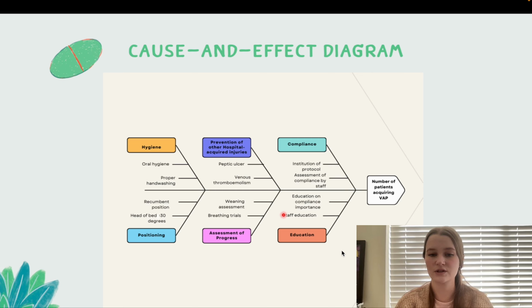And then education on compliance importance and staff education is very important, because knowing you should do something and knowing how to do something are very different. And understanding the importance and its effect is very important for staff to make that change.